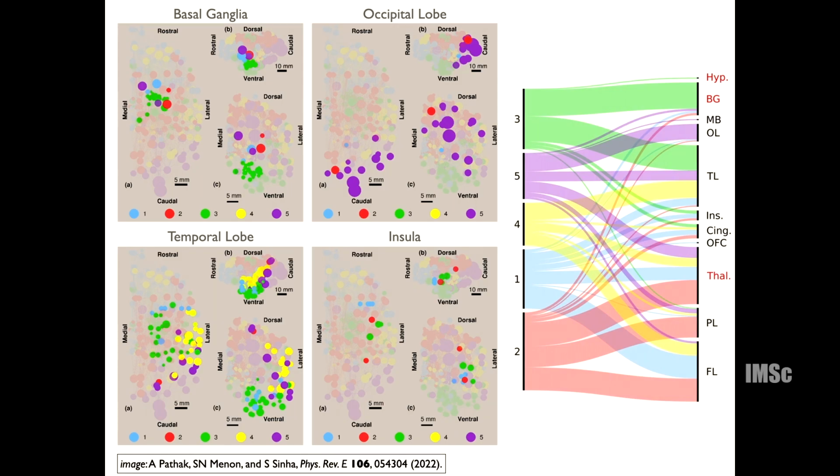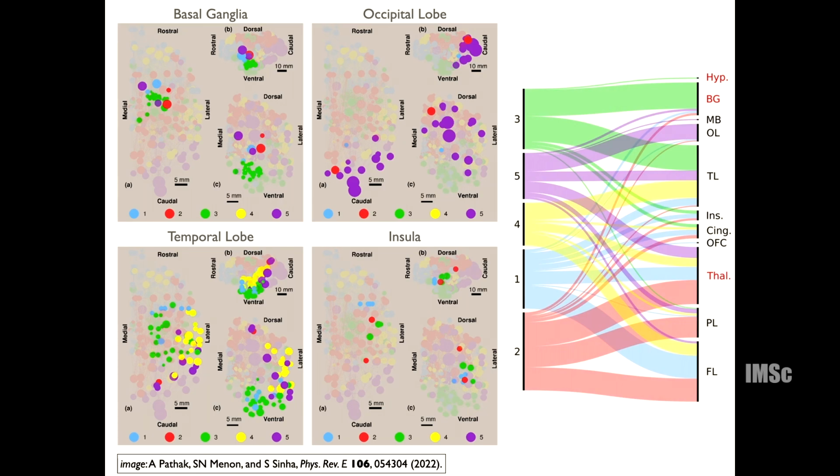So the question now becomes, what is the split of these different modules in terms of the different lobes of the brain? Interestingly, what we find is that there are some modules which, for example, if you look at the basal ganglia, it's almost entirely dominated by nodes of module 3, with just a few others, as you can see over here in this alluvial diagram.